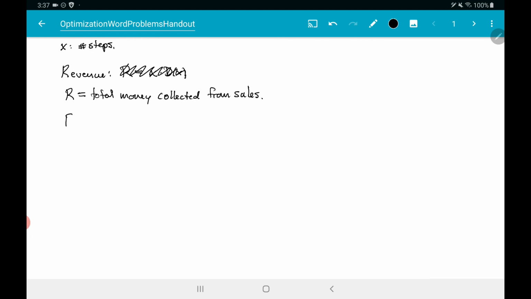If we sell some number of units at some price, do you remember how to build the revenue function from that information? Okay, remember, revenue is number of units sold times the price of a unit.